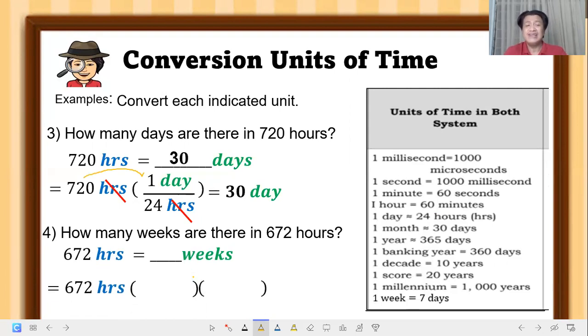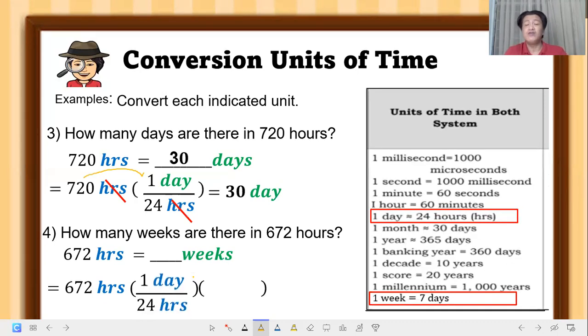And take note, it cannot be done directly from hours to weeks, so we will use two conversion factors. The first one needs hours, and then from hours, we go to weeks. So we will use 1 day is equal to 24 hours, and from that, we get days. And then from days, we go to 1 week is equal to 7 days to get the weeks. So we write our conversion factors: 1 day over 24 hours to cancel the hours, the same unit. Also 1 week over 7 days to cancel the day.